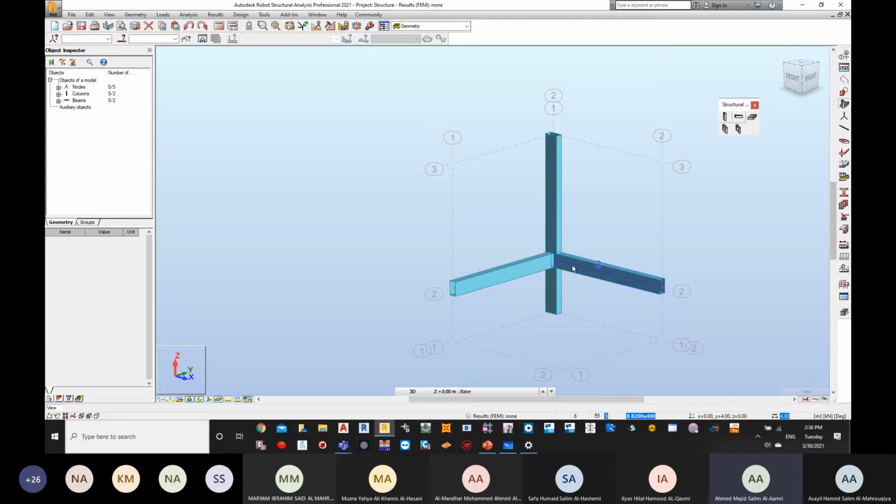Now in this scenario, we have 1.5 as L0X and 1.5 as L0Y for the bottom. For the top, L0X is going to be 3.5 and L0Y is going to be 3.5. Now, if this beam is not there, in one direction L0X is 1.5 and the top L0X is going to be 3.5.